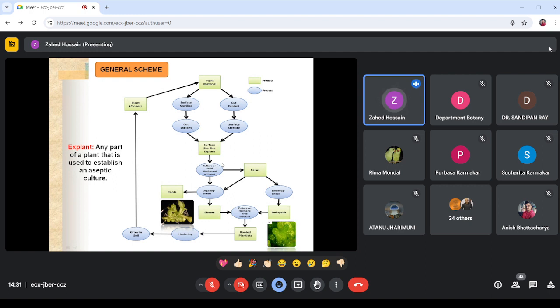Then again we do the surface sterilization, and we culture them on different types of media, and the media should be supplemented with different hormones. It is based on your objective. If you want to induce callus, the hormonal composition would be different.